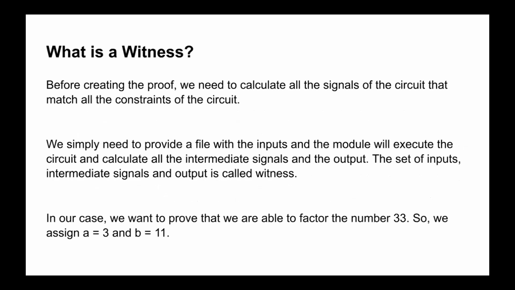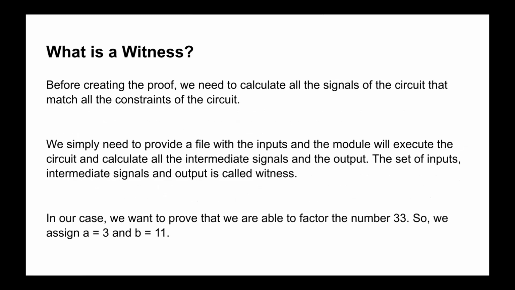Now, you know what a witness is, but just to reiterate: before you create the proof using SnarkJS, we need to calculate all of the signals of the circuit that match all the constraints of the circuit. It isn't at least one, it has to be all of them. So we need to provide a file with all of the inputs, and the module will execute our circuit.